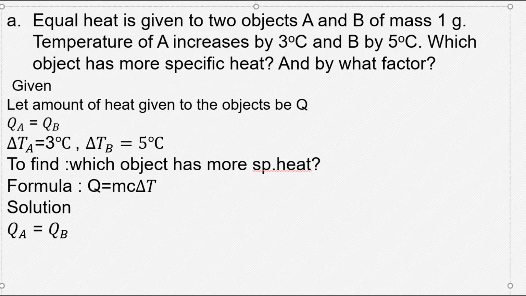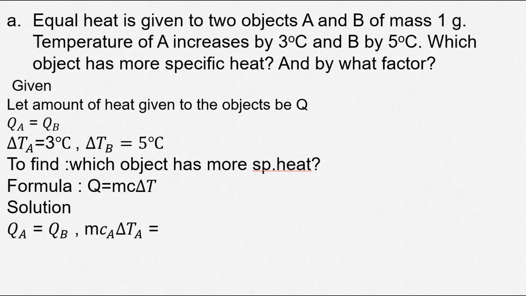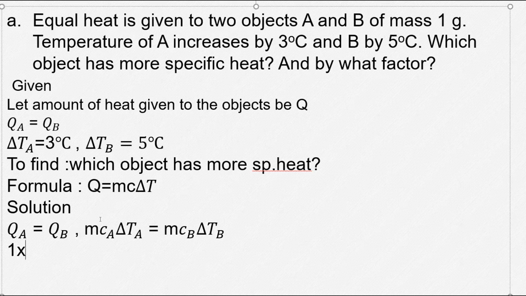And instead of QA, we can write m CA delta TA is equal to m CB delta TB. Now we have to substitute the values. M is 1, into CA. We don't know what CA is, we will write CA only.